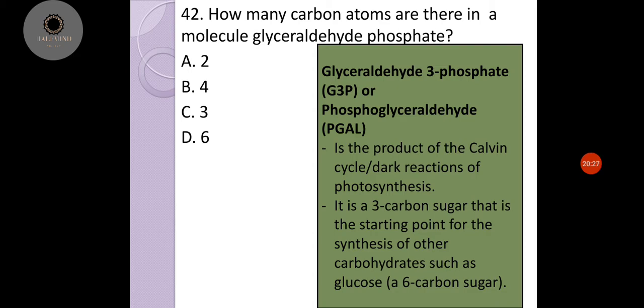It is a 3-carbon sugar that is the starting point for the synthesis of other carbohydrates such as glucose, which is a 6-carbon sugar. So, glyceraldehyde phosphate contains 3 carbon atoms. Our answer here is letter C, 3 carbon.